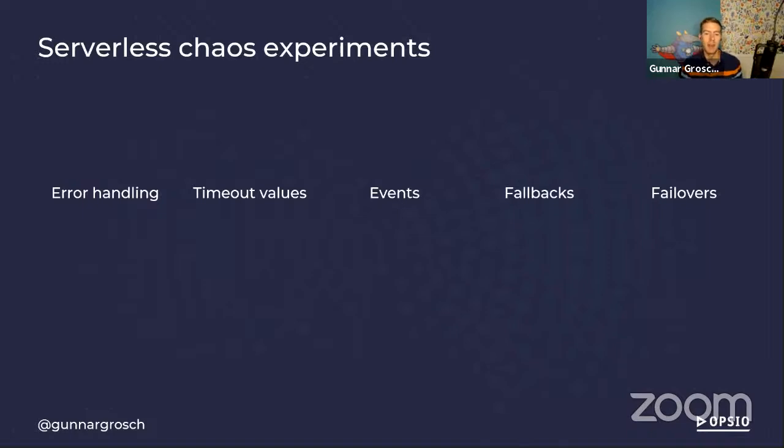But every now and then, there might be issues that affect entire regions. It doesn't have to be the cloud provider. It can be from an ISP, for instance, that has issues with traffic towards a specific region. So these are some of the common weaknesses or potential weaknesses that we see in serverless applications that we can test for by using chaos experiments.